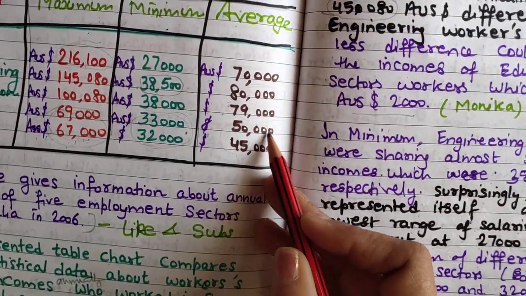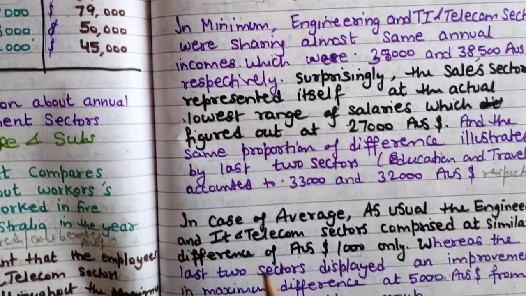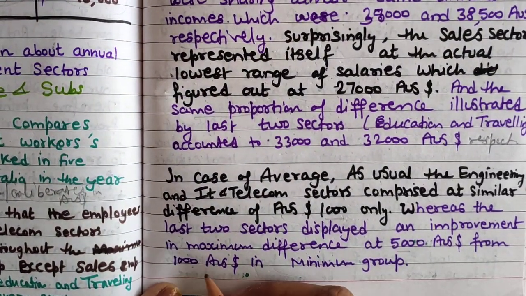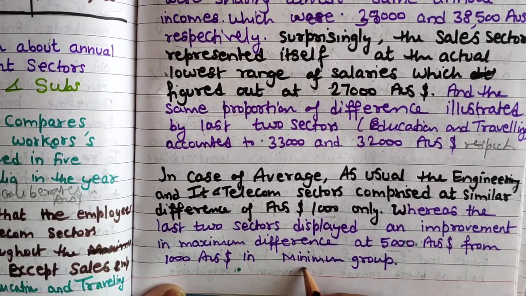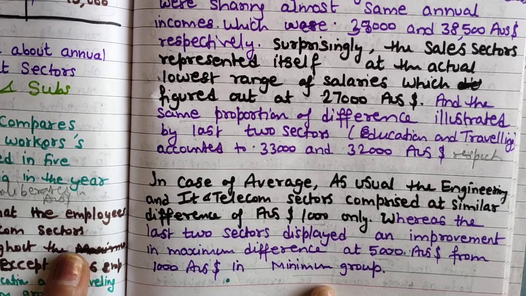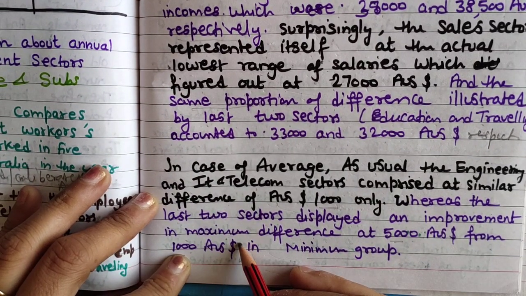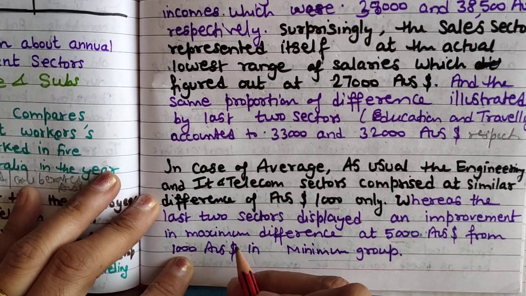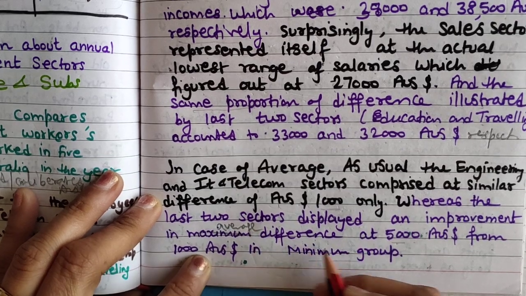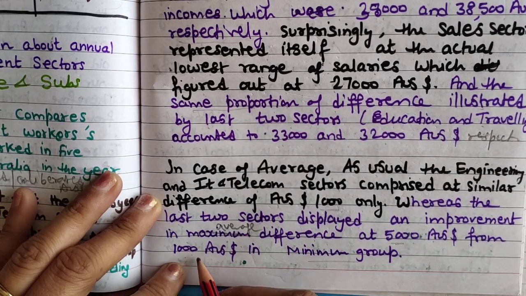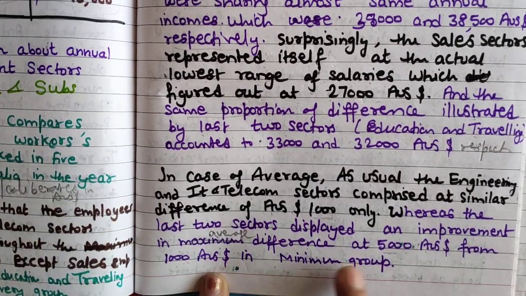Here 2,000, here 1,000, here 5,000. This is not the maximum, this is average: the difference at 5,000 Australian dollars from 1,000 in the minimum group. Now this has raised from 1,000 to 5,000.